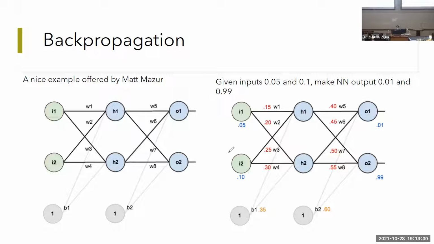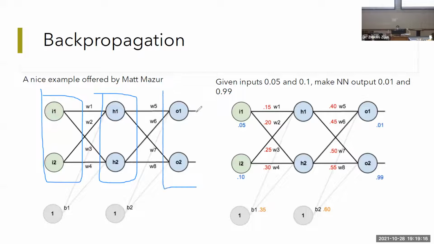So remember, when we do the training of neural networks, first, once its architecture is determined, that means we have determined how many input nodes in the input layer, how many hidden nodes in the hidden layer, and how many output nodes in the output layer and their connections. Then next, we do the initialization.